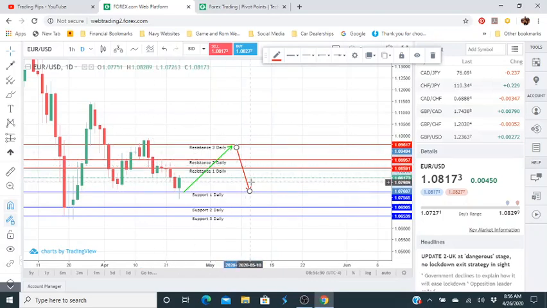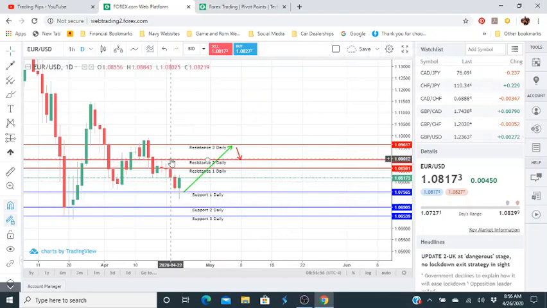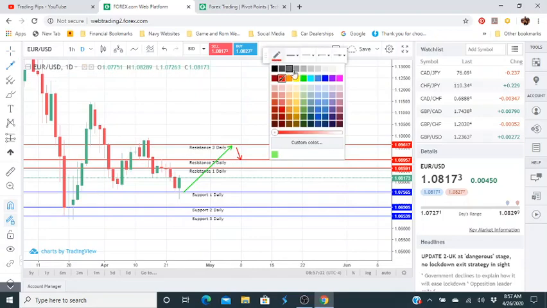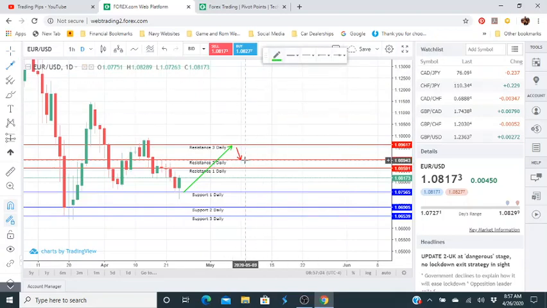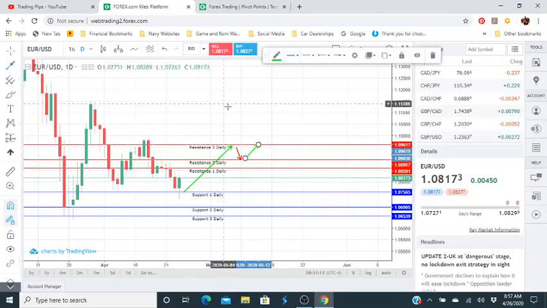So what you could see is something like that, where we have a small reversal down, and if I click right here, we'll change that to green. You may see something like this. And so now you look at the chart.